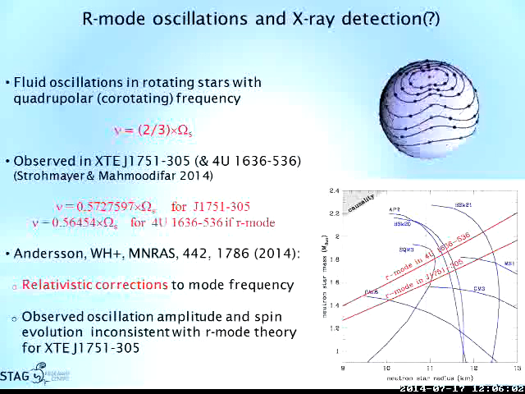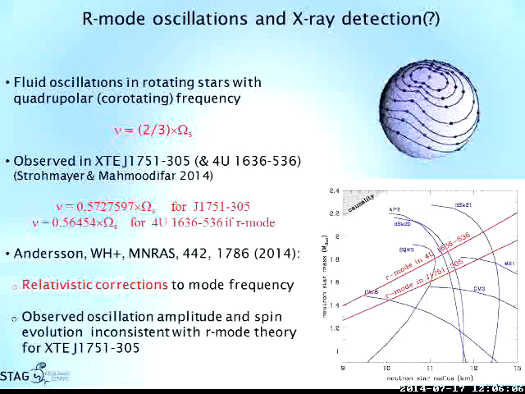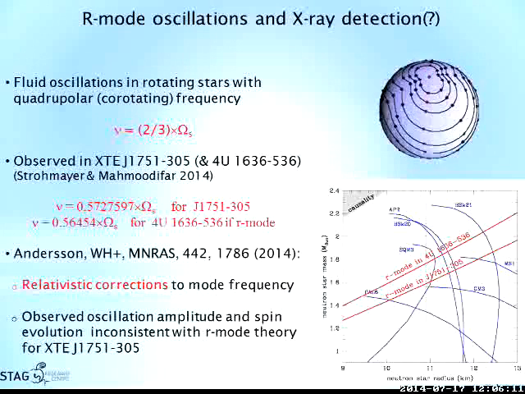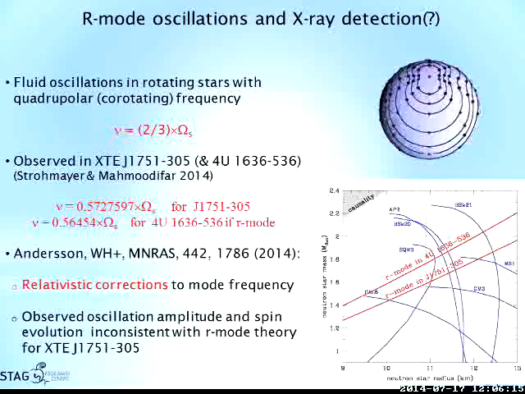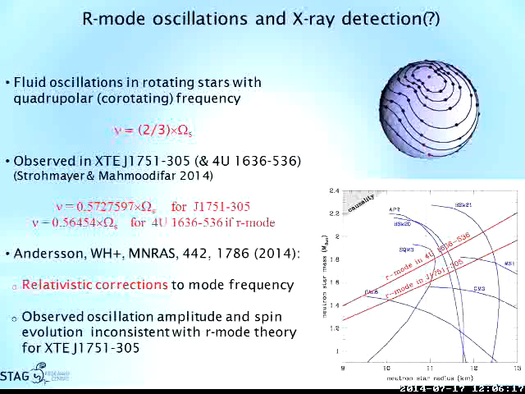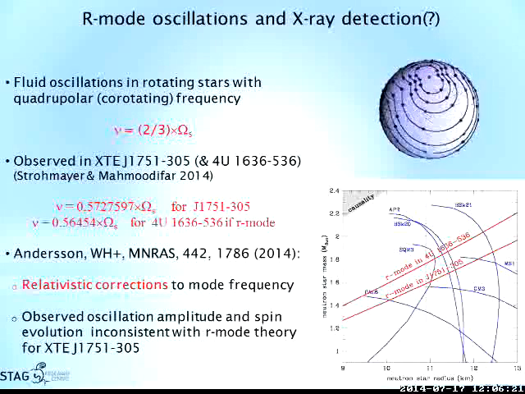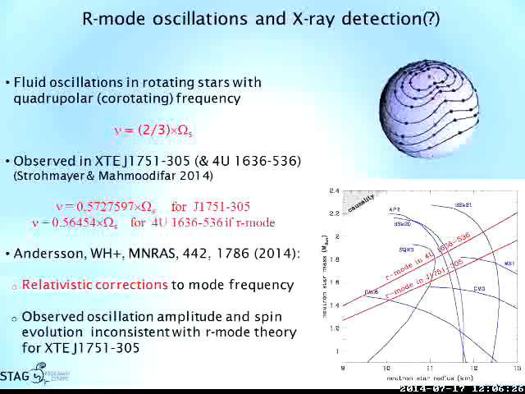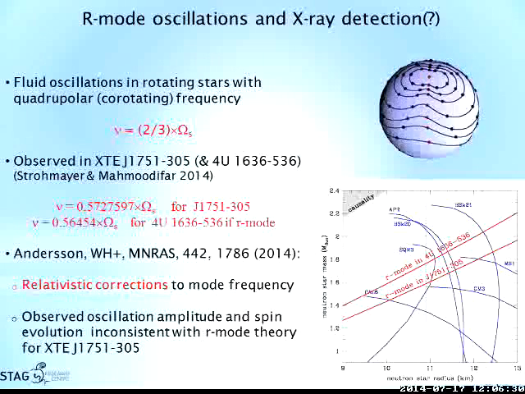Since this difference is relatively small, it is basically directly attributed to the difference in spin frequencies of these two source neutron stars. The difference is about 150 hertz. So you can see that observationally, you can determine this line incredibly accurately.